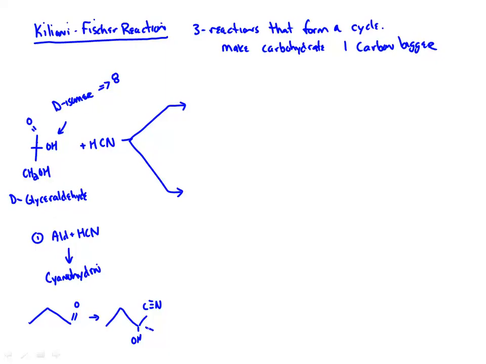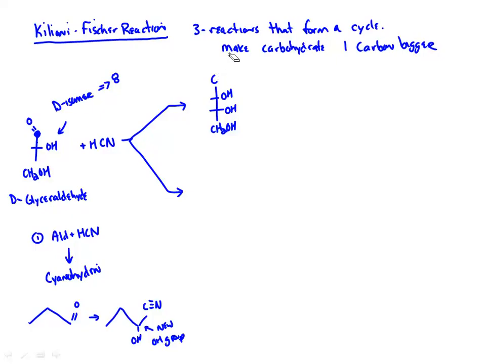So notice that this is a new OH group. And so if I take this molecule, what we're saying is that this aldehyde carbon right here now forms a new OH group. And on the top of the molecule, I have a carbon triple bonded to a nitrogen.